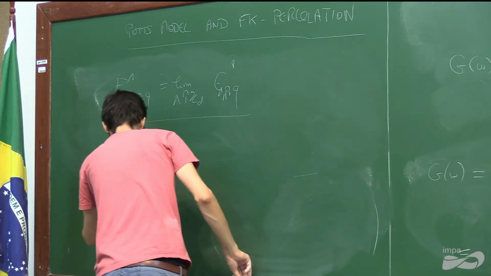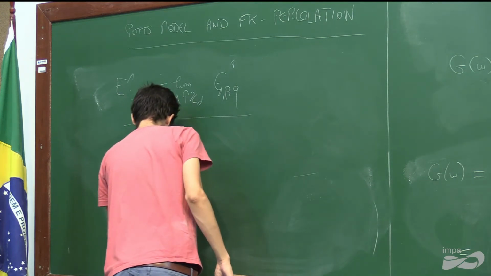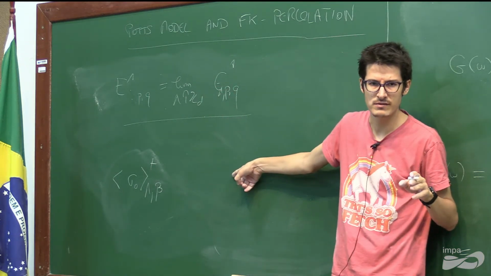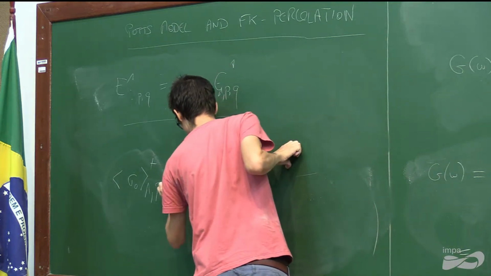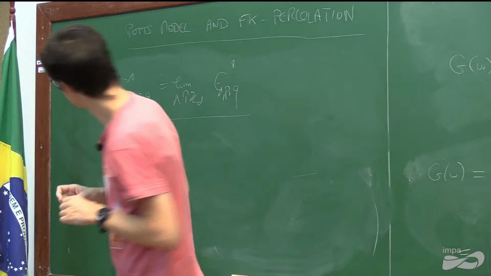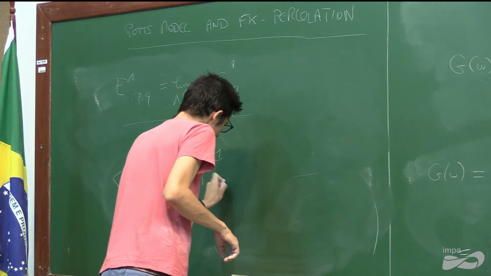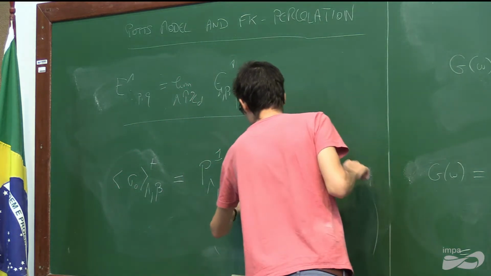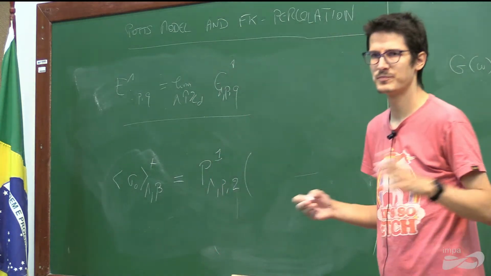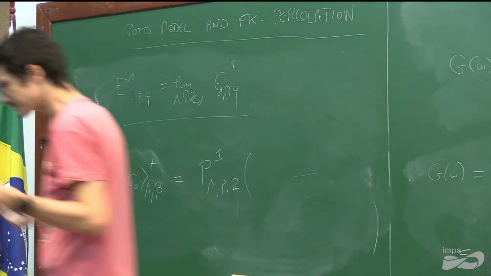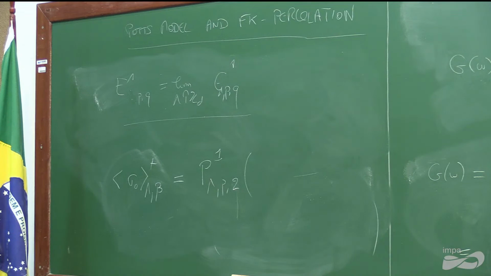if you look at this thing here, the magnetization at the origin, it is equal to, well, if we use our Ising FK connection, what we obtain is that there are two cases: either 0 is connected to the boundary for the FK percolation, or 0 is not connected to the boundary.